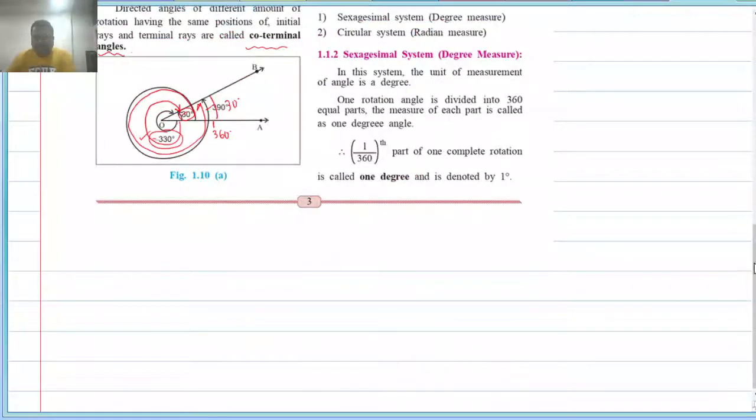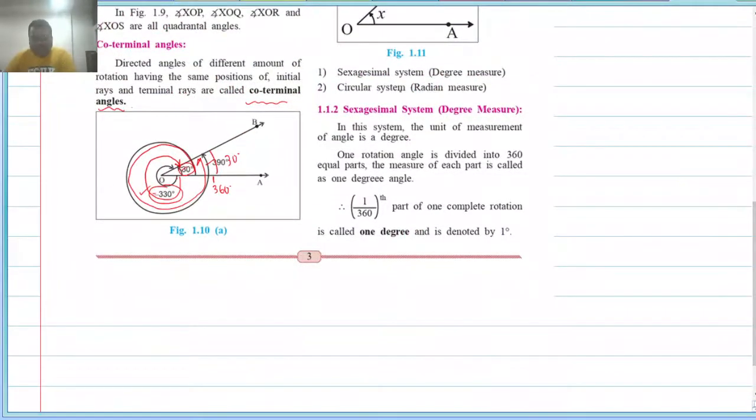Measures of angles. So you have the sexagesimal system, which is also known as degree measure, and you have the circular system, which is known as radian measure. Just like we have 1 meter and 1 centimeter, two units for measurement of length, similar to this, you have 1 degree and 1 radian.